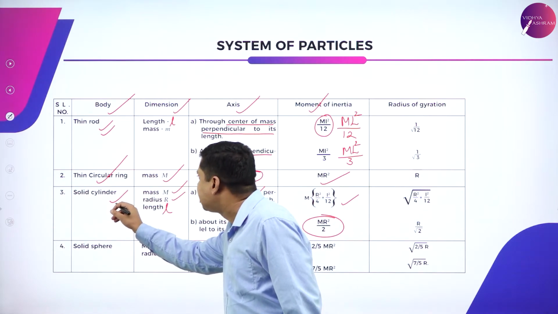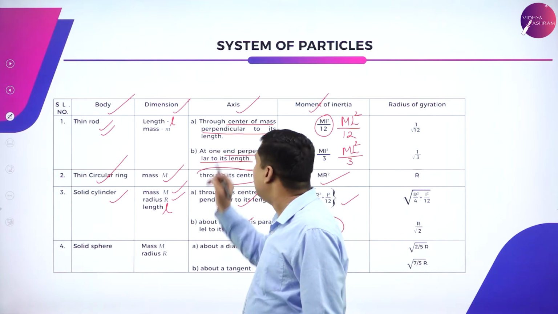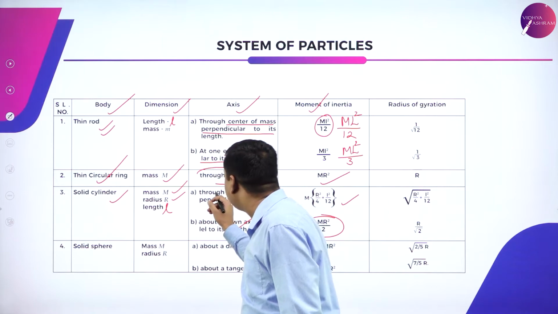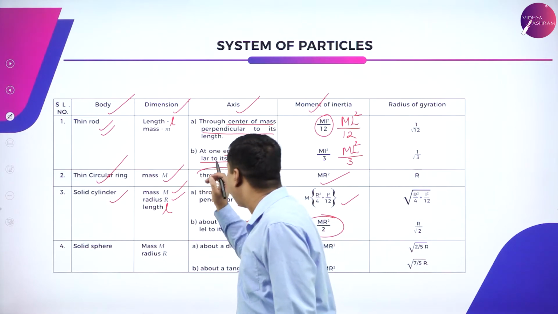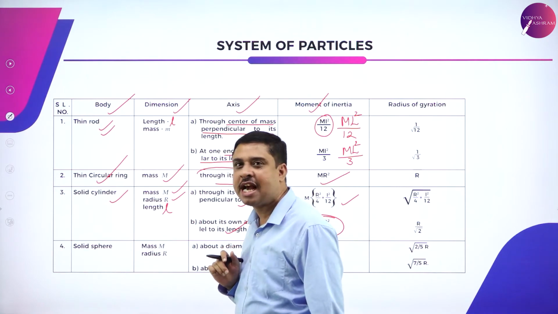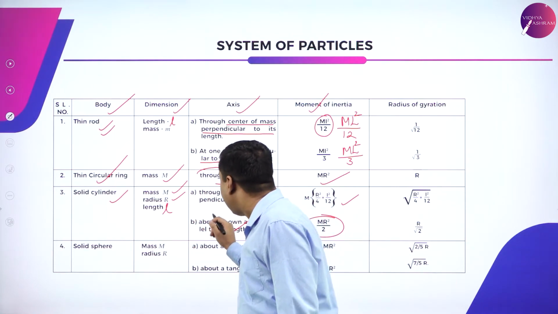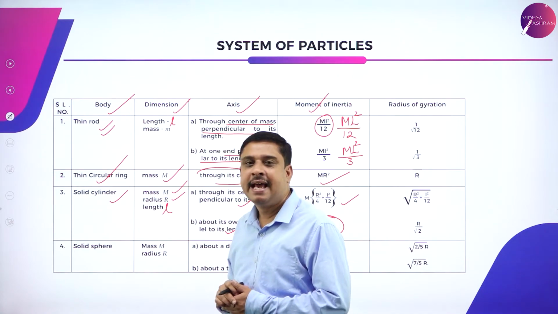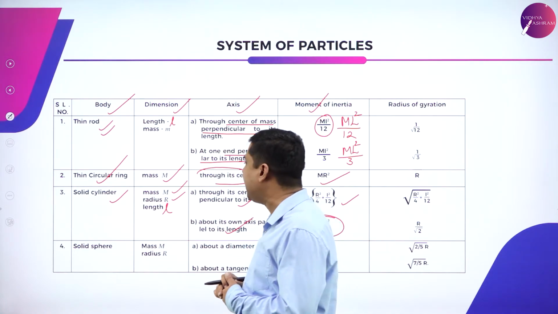So for a solid cylinder which has an axis passing through the center perpendicular to the length, moment of inertia is given about an axis parallel to its length, mr square divided by 2.